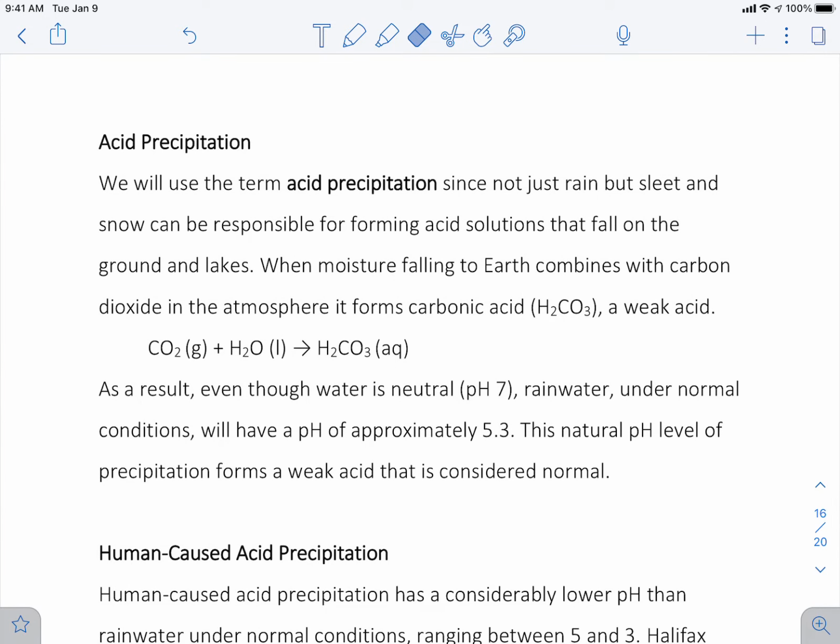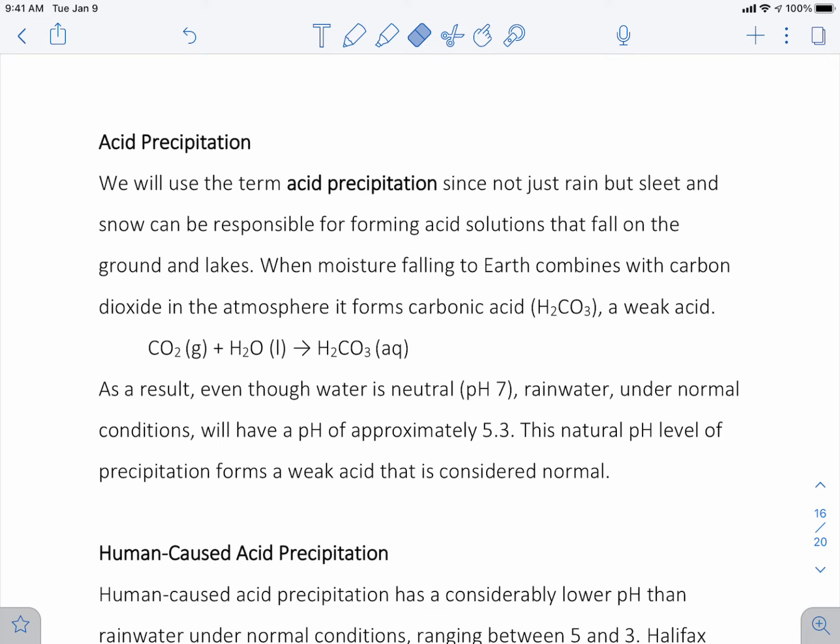Acid precipitation is a term that we might use as well. So this is another place where acidity is important. Rain and sleet and snow can all form acid solutions and then fall to the ground and into lakes. When that moisture falls to the earth, it can combine with carbon dioxide in the environment and form carbonic acid, which is a weak acid.